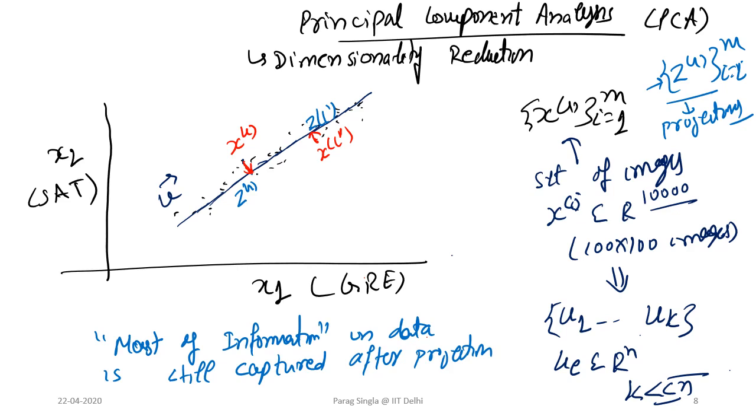But you would like to minimize this loss and still project onto a much lower dimensional space for a given k, where k is much less than n. And as you will see, this k could also be dynamically decided for a specific application. So this is the intuition, and let me continue this in the next slide.